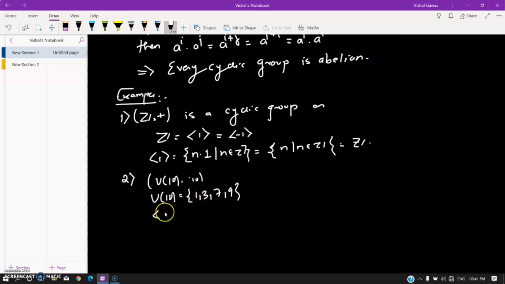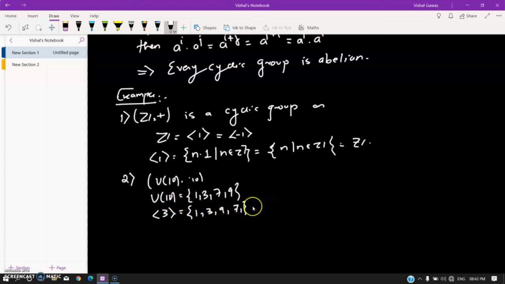If I look at the powers of 3, 3 raised to 0 is 1, then 3, 3 squared is 9, and 3 cubed is 27, that's 7, and 3 raised to 4 is 81, which is 1.